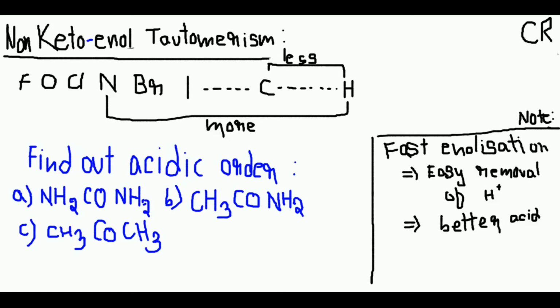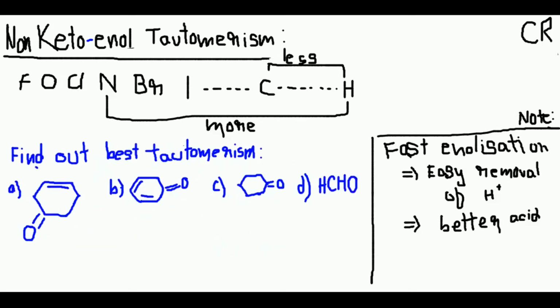Whereas coming to C, it is least. So the order is A is greater than B is greater than C. This is the acid order in increasing. So let's see our next problem.